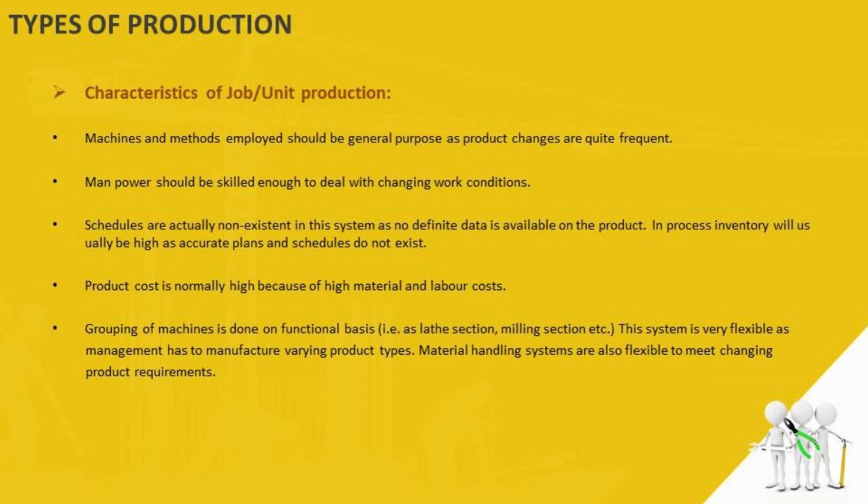Because you are not mass producing something, you are producing something as per the specification, as per the guidelines that are provided to you. And in this kind of production system, the product cost is obviously very high because of high material and labor costs, because skilled labor is required and high material. Let's take the same example. Revit Architecture, it's a costly software.